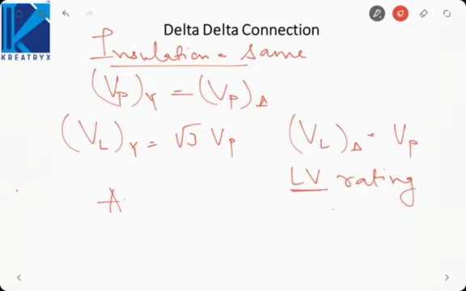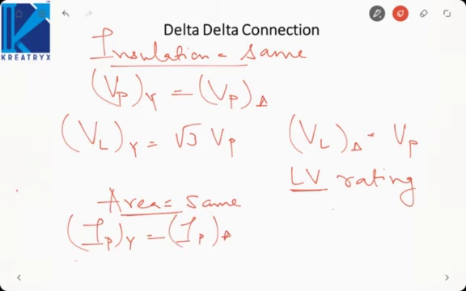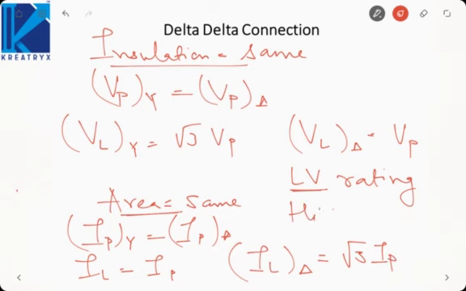Now if you keep area of cross section of conductor same, that means I phase star is equal to I phase delta, but IL star is equal to I phase and IL delta is equal to root 3 I phase. That is, it has high current.